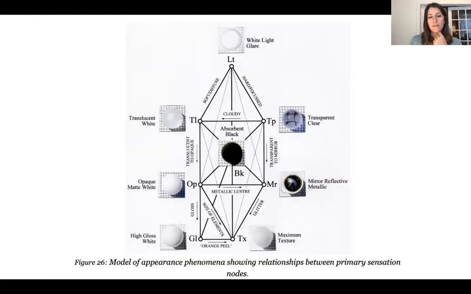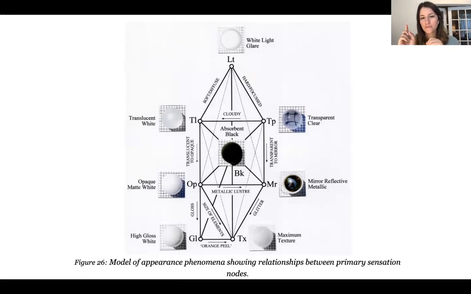This study that I mentioned from before has some really great examples of models of appearances, and talks about different reflective relationships. This is a very systematic chart that shows white light moving through these different modes of appearance. So soft diffuse light versus hard and focused light on what is a transparent or translucent white on the left, versus semi-opaque versus a transparent clear on the right.